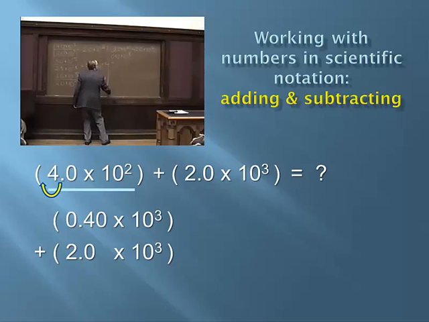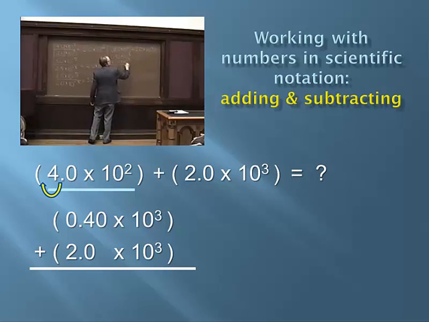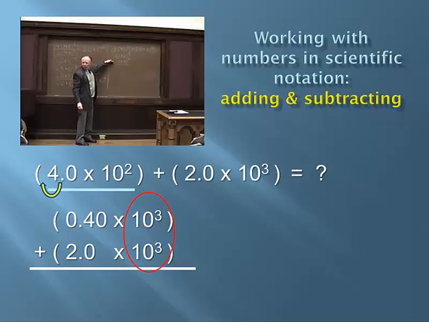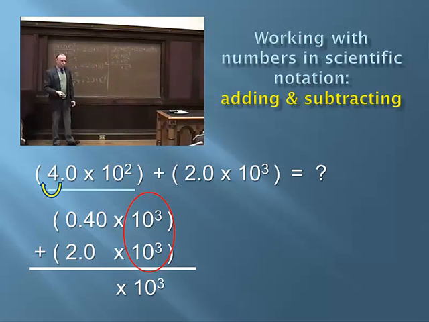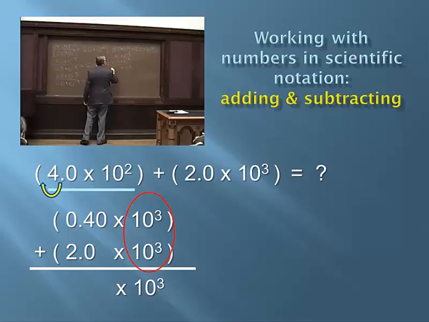We draw a line here so we don't get messed up. Now that these are exactly the same, I can simply add these two numbers together, and the result will be whatever that is times 10 cubed. We just keep the times 10 cubed all the way through. So this will be 2.40 times 10 cubed.